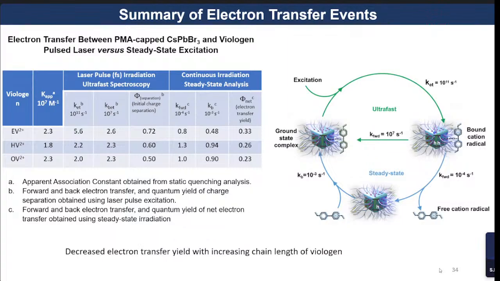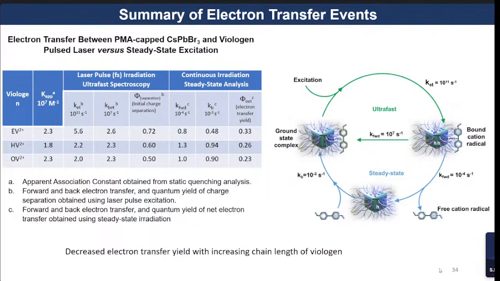This is the laser pulse irradiation ultrafast spectroscopy, where we see these fast rate constants in the beginning. Most of the time, the charge separation is very efficient. It can go even close to 100%. But the net one is always slow. When you do the steady state, you see a much lower rate constant, and your yields are also lower.